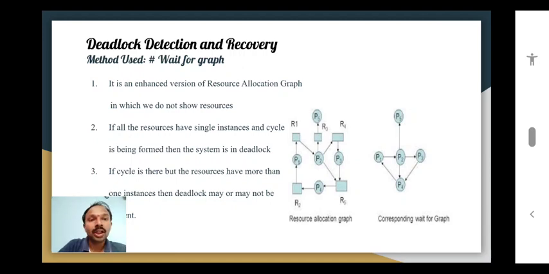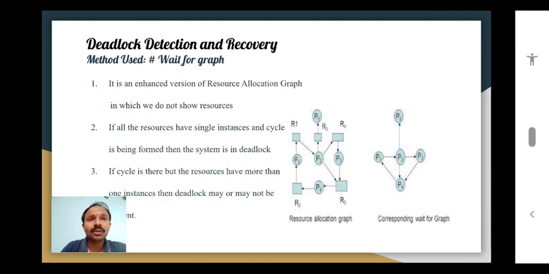Now if the cycle is there but the resources have more than one instance, then the deadlock may or may not be present. Here in this wait for graph method, we always have a single instance. When we go for the Banker's safety algorithm, there more than one instance of a resource is present, and there we can actually solve the deadlock easily.